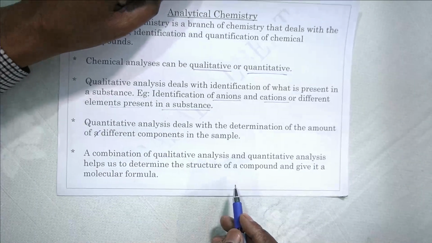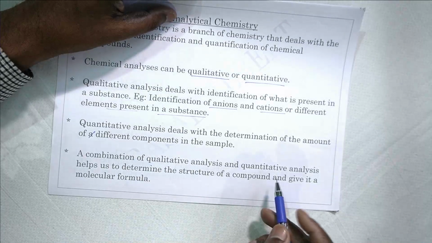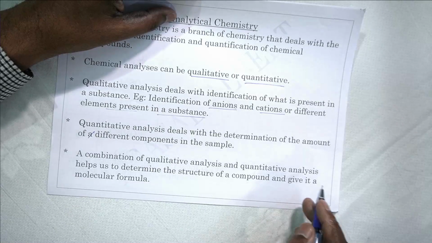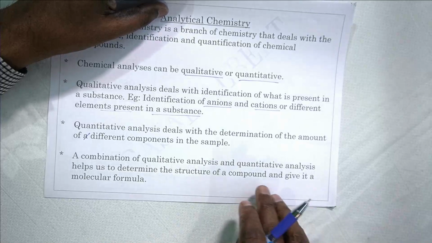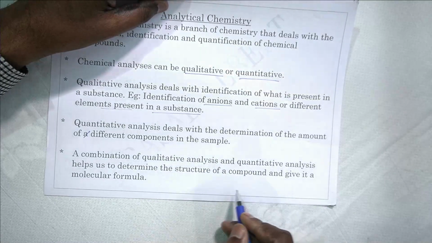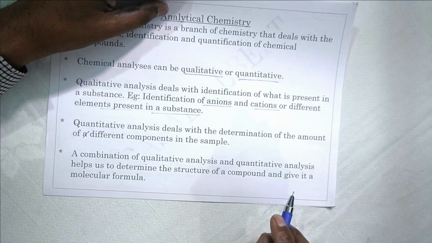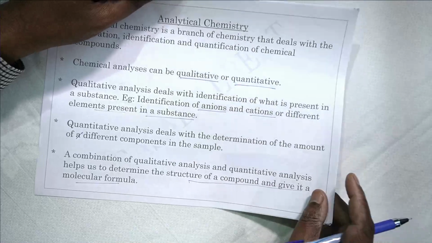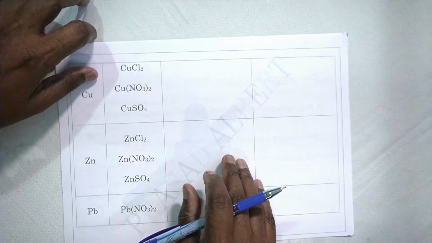Now, when we combine qualitative analysis and quantitative analysis, that is, first finding what is present and then finding how much of each of those constituents is present, this will help us to determine the structure of the compound or to give a molecular formula to the compound. So this is an important application of analytical chemistry, the branch of chemistry that deals with the analysis of substances.